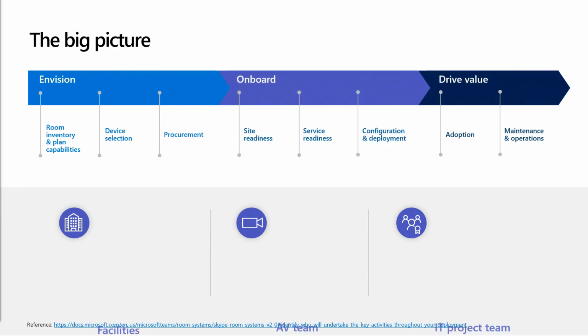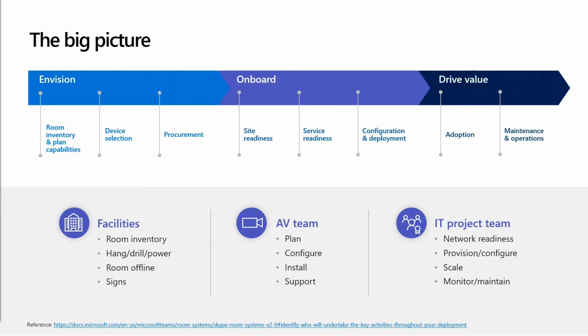Here you have a high-level project plan, highlighting all of the key milestones in a Teams Rooms deployment. And at the bottom you have the three major teams that will be used to do an implementation. Facilities to help with room inventory, hanging, drilling, powering displays, and sealing microphones, as well as putting up signage.